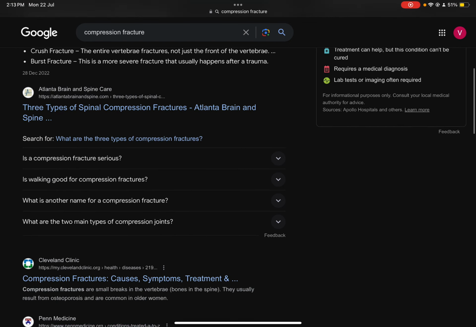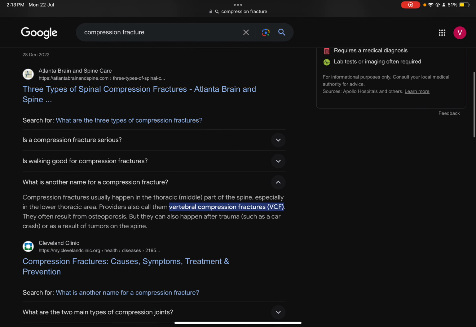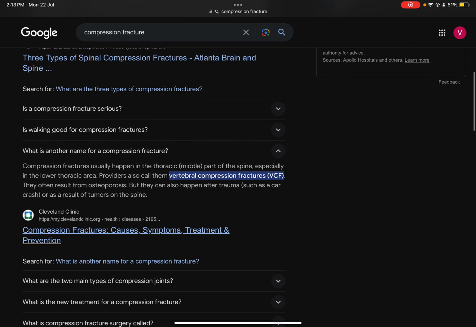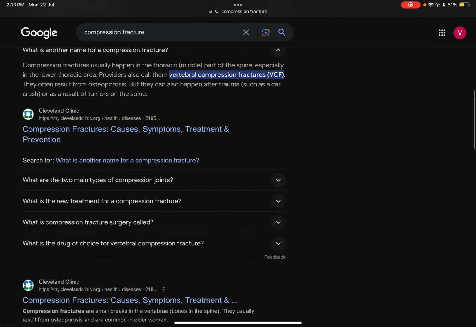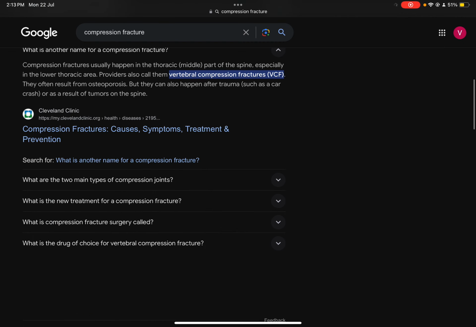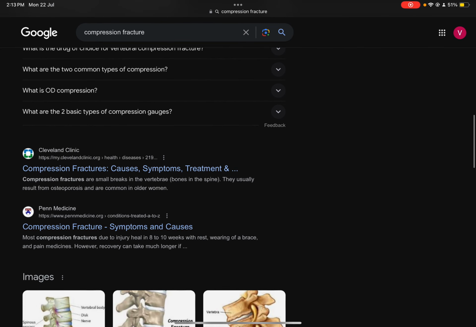Vertebral compression fracture, they often result from osteoporosis but can happen after trauma.